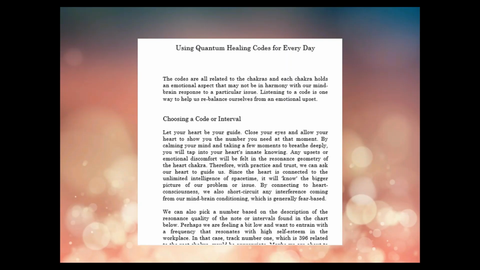Essentially, in the book, I show how to use the different codes, that you can choose a code on your own without the program by basically just feeling into what is the negative attribute that you're feeling. For example, 417 would relate to cravings or anxiety.